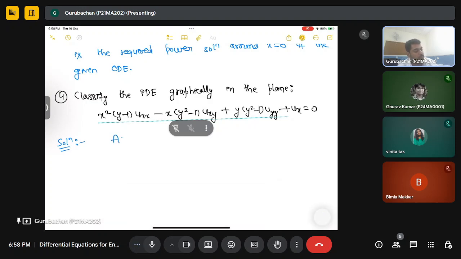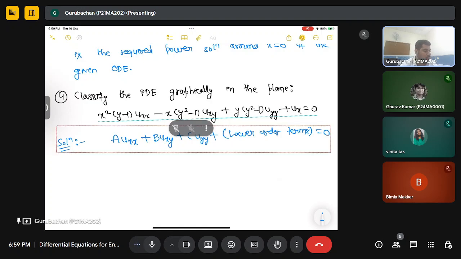General form is A uxx plus B uxy plus C uyy plus lower order terms. We may ignore them as they will not affect the type of classification of the PDE. So we will calculate the value of b square minus 4ac.